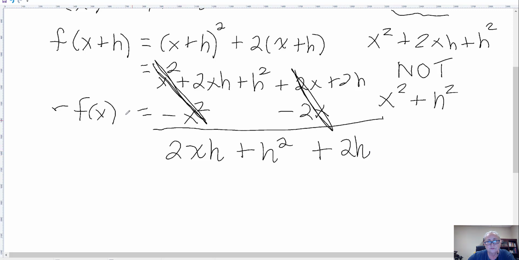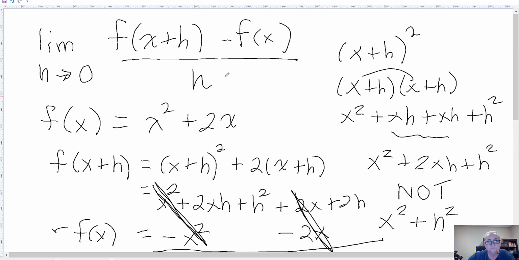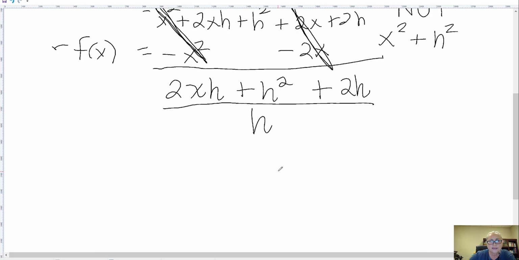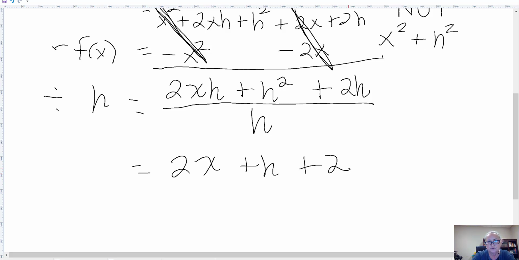Now, the last step in the formula says divide it by h and then take the limit. So let's divide everything by h first. And this h is a common denominator. So we're dividing by h, and that gives us 2x plus h plus 2.